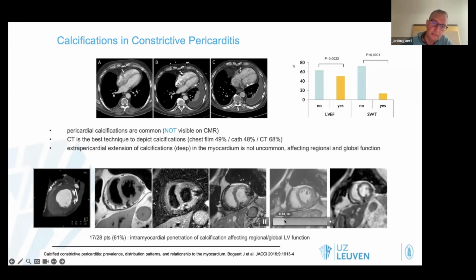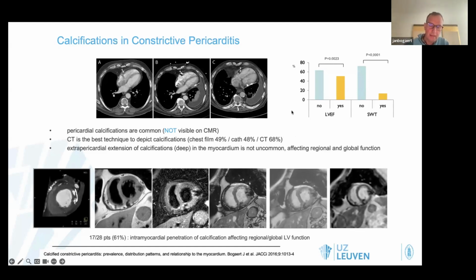The dark areas are the calcification, really deeply invading the myocardium. If they are present, they may also affect both the regional and global function.